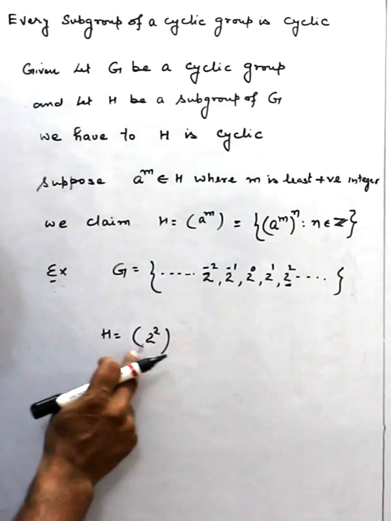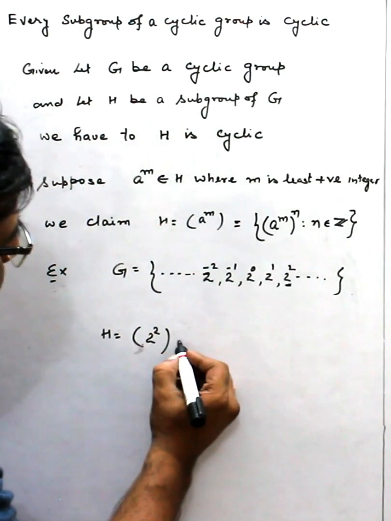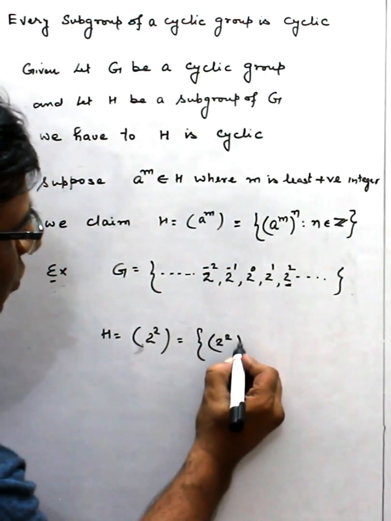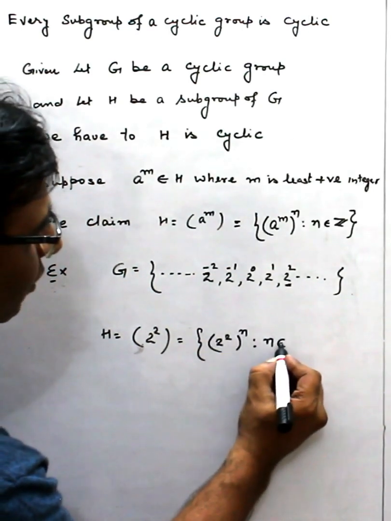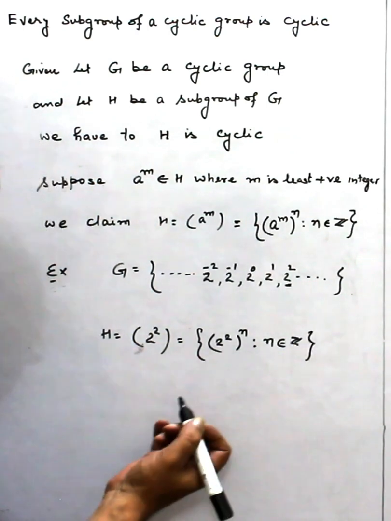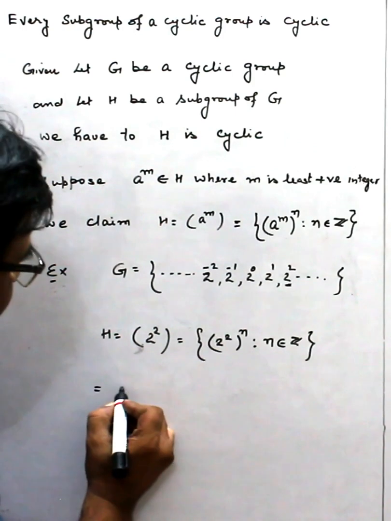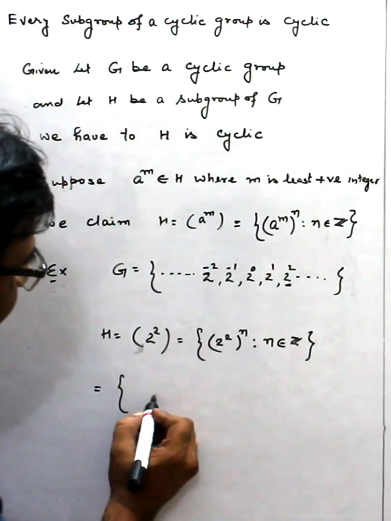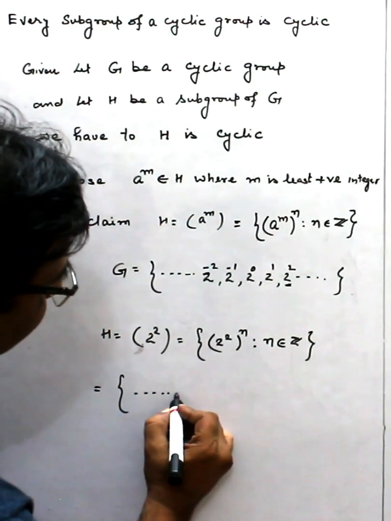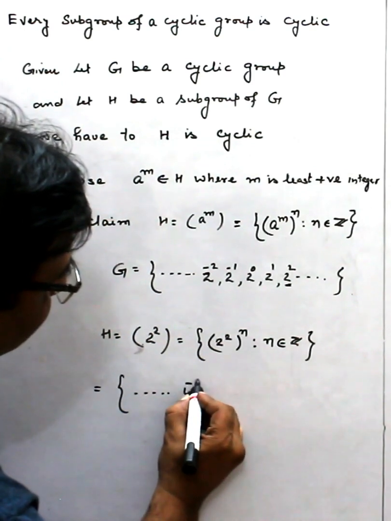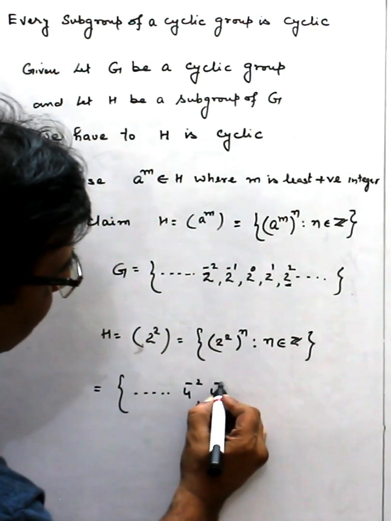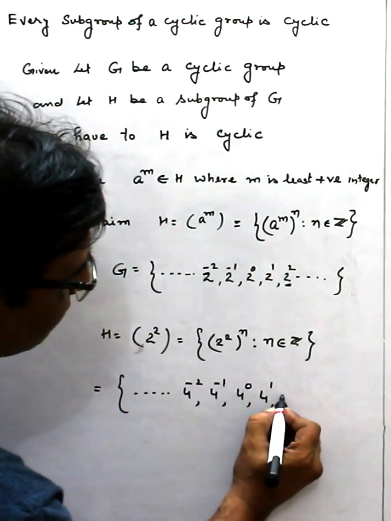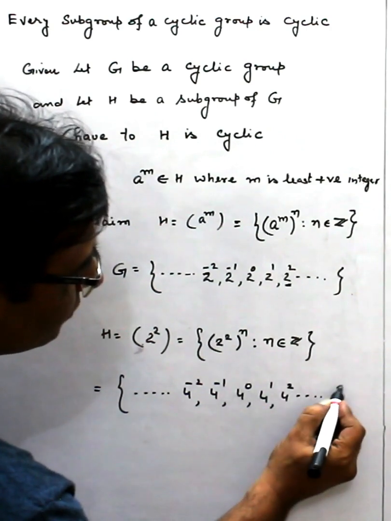Now we check whether this is a subgroup or not. That means we have (2^2)^n, where n belongs to Z. If I expand it, this number becomes 4, and I get the elements 4^-2, 4^-1, 4^0, 4^1, 4^2, like this.